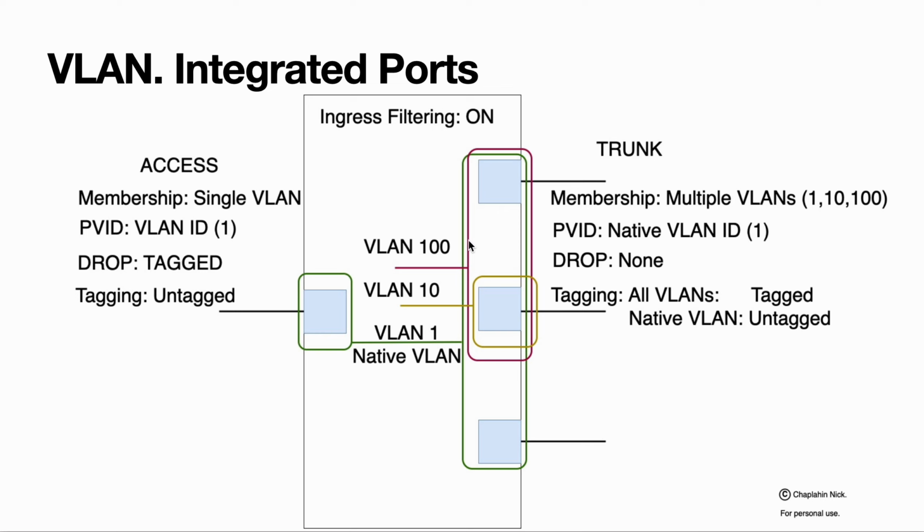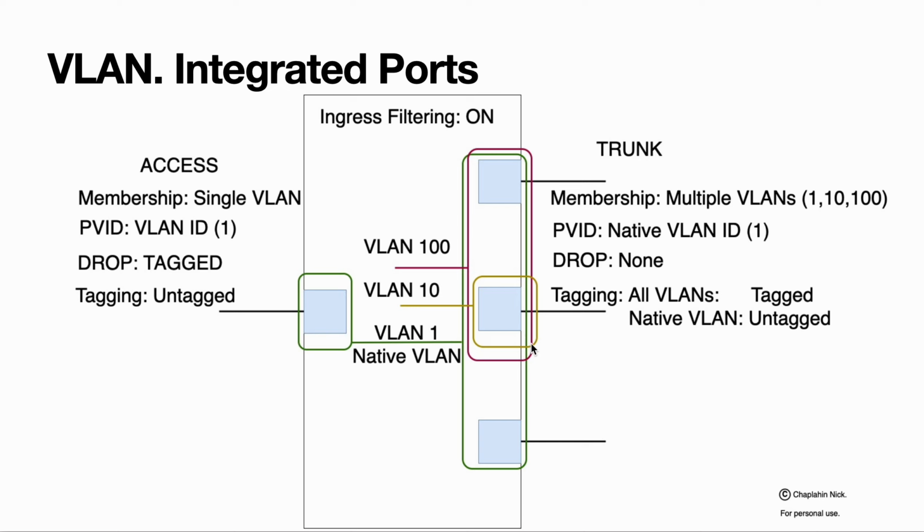Trunk, on the example of the middle one. Membership: multiple VLANs, all possible VLANs in the system. There can be some deviations from provider to provider in what is allowed and what is not, but eventually all. PVID equals the so-called native VLAN. When you configure a trunk, you also have a native VLAN configured on your system, and PVID will use the ID of this VLAN as an argument.